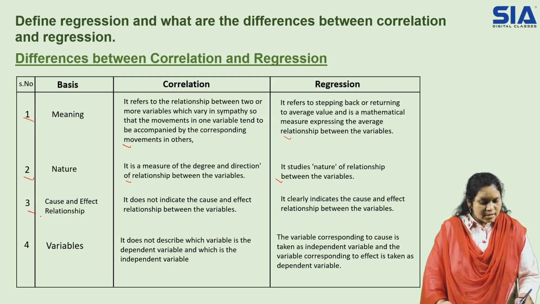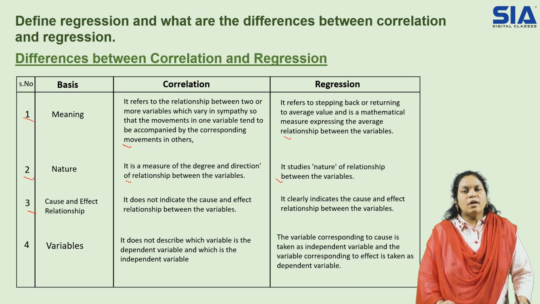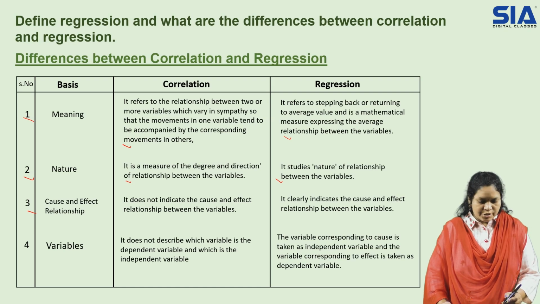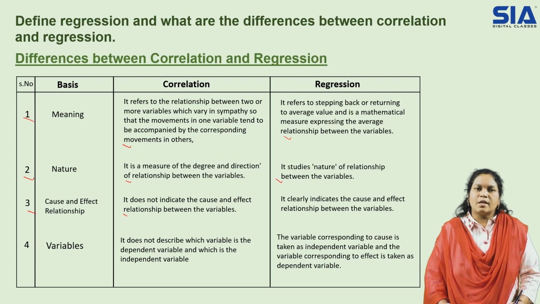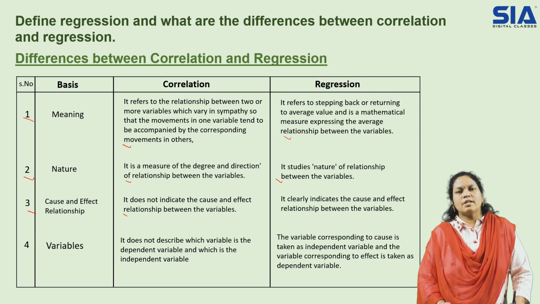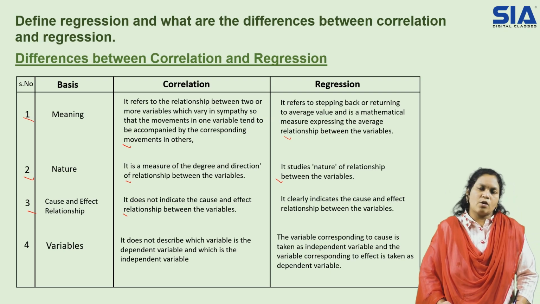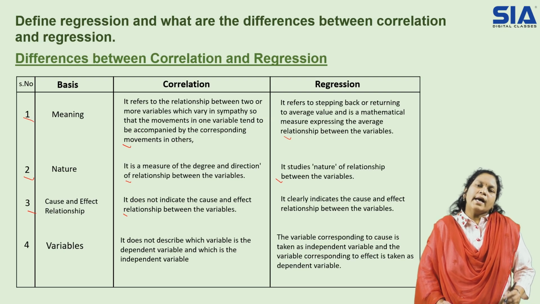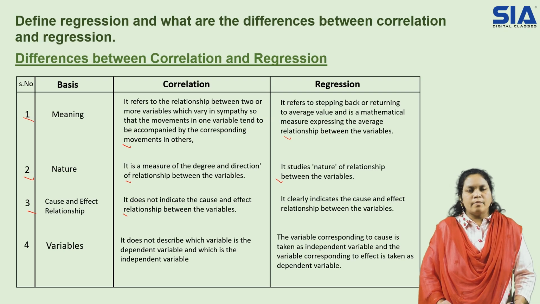Next, third point is cause and effect relationship. First, correlation does not indicate the cause and effect relationship between the variables. In the sense, obviously we'll check in which direction they range, but we'll never check how one influences the other, whether positive or negative, how one is impacting the other we will not learn here.